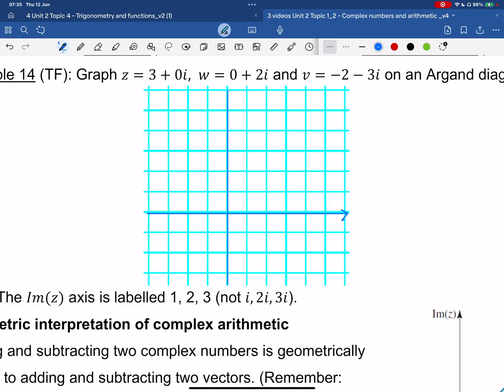So our x-axis becomes the real part of our complex number, and our y-axis becomes the imaginary part of our complex number. We number it the same as we would a normal Cartesian plane, so 2, 3, 4, 5.